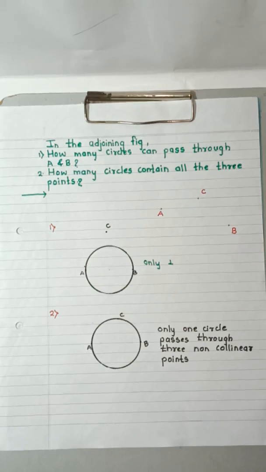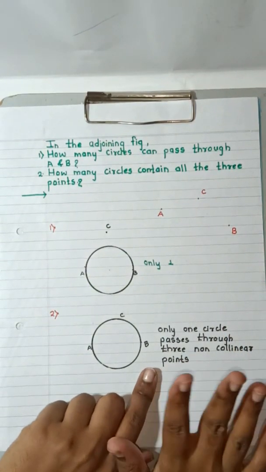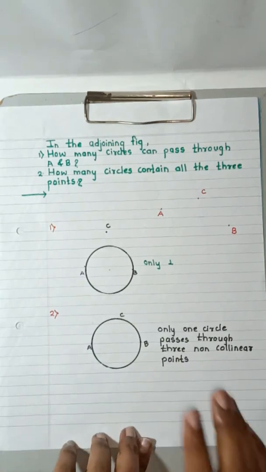Okay children, so only one circle can pass through 3 non-collinear points.